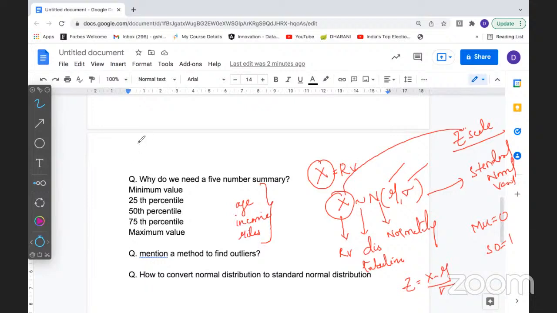All of these will have a common X-axis, which is called your Z scale, with mean equal to 0 and sigma equal to 1. Whatever the X might be, the scale will not change. That is standard.